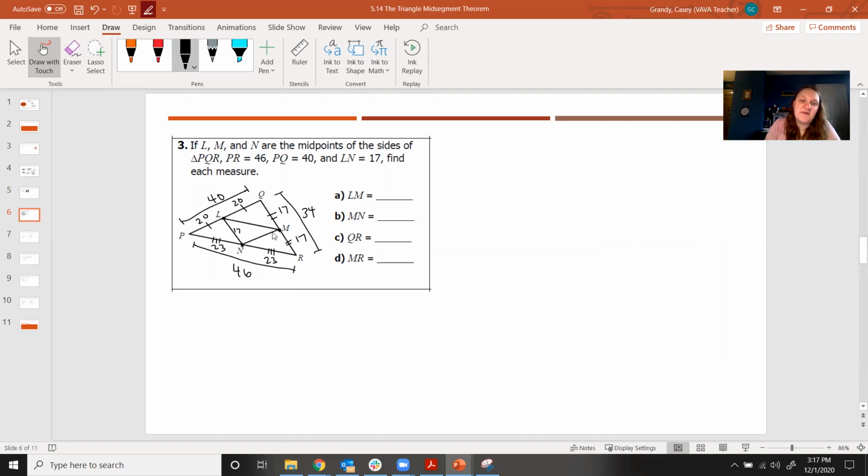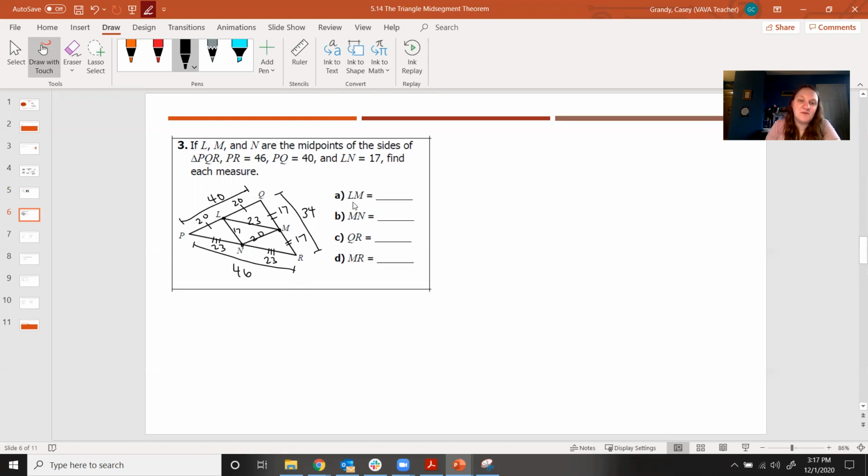I can figure out the length of MN. MN is parallel to QP, and so MN will be half of QP. So if QP is 40, half of that is 20. LM is parallel to PR. So LM will be half of 46, or 23.